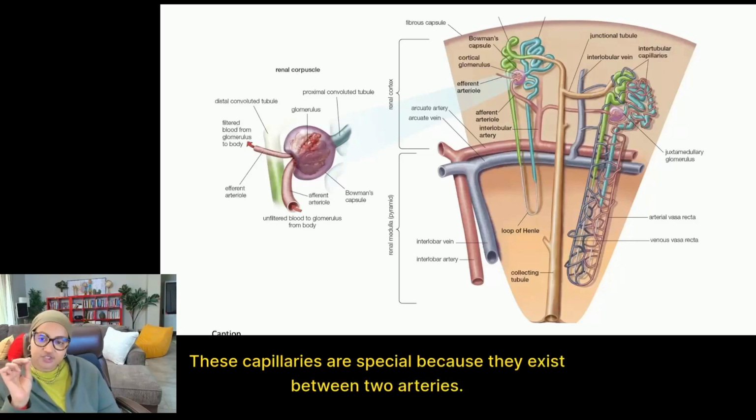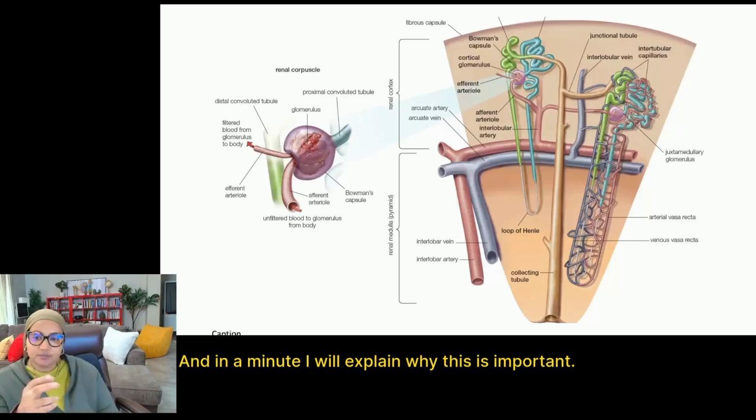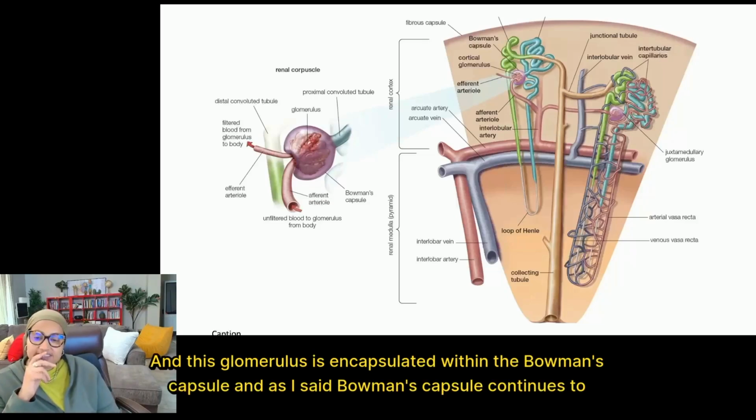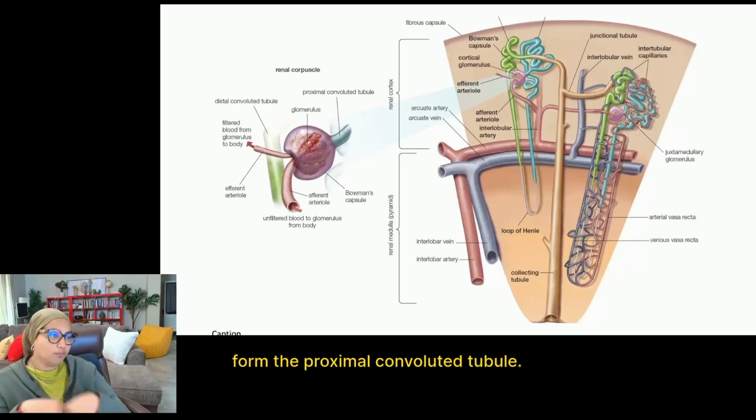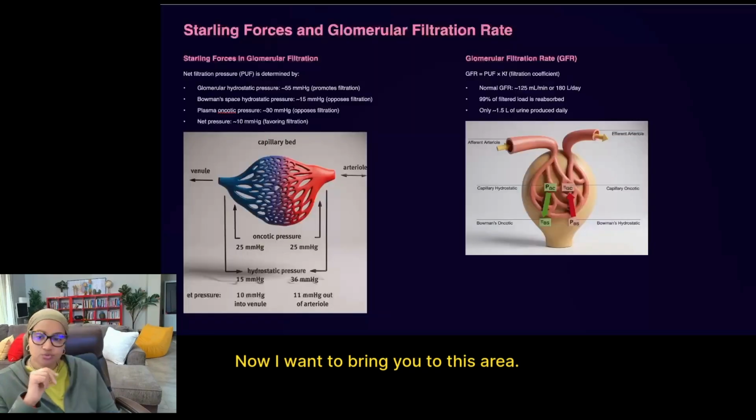These capillaries are special because they exist between two arteries, and in a minute I will explain why this is important. This glomerulus is encapsulated within the Bowman's capsule, and as I said, Bowman's capsule continues to form the proximal convoluted tubule.